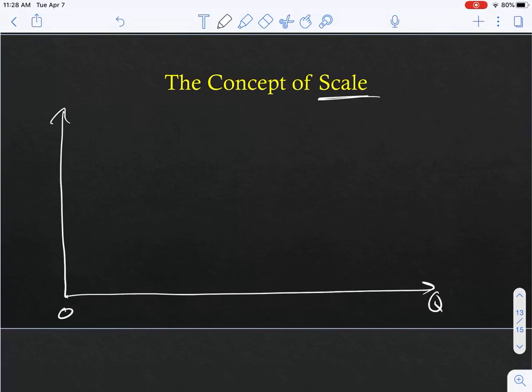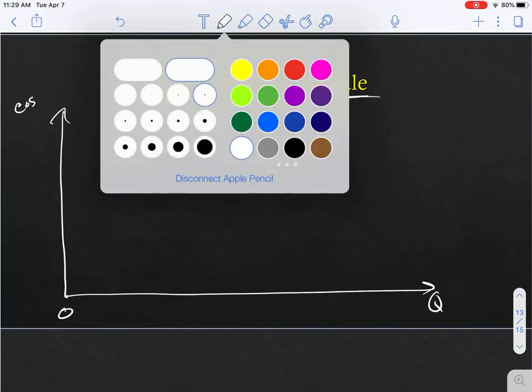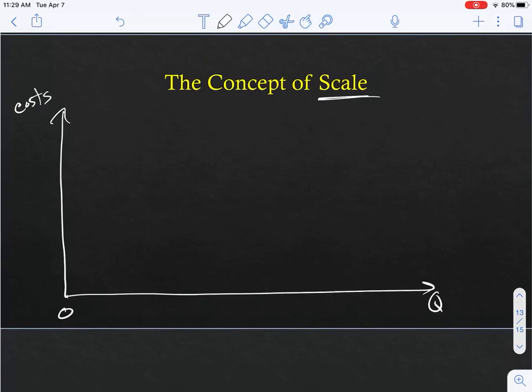So this is quantity of output, and these are costs. I'm not sure how that went into a circle. There we go. These are costs.